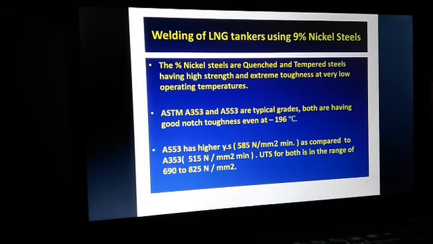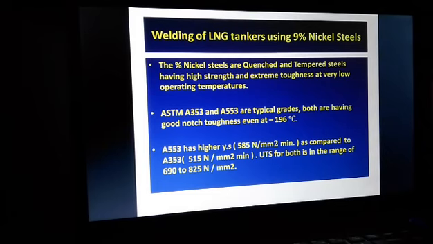ASTM A353 and A553 are typical grades. Both have good notch toughness even at -196 degrees centigrade.